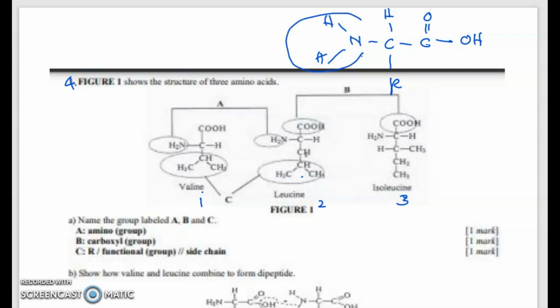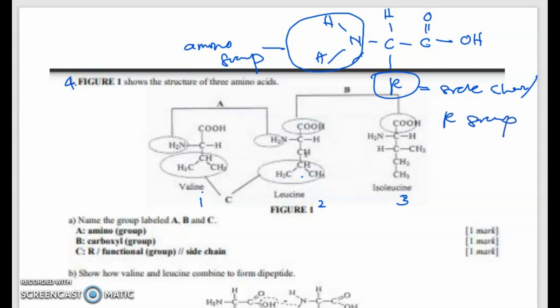So NH2 is referred to as the amino group. And then this R is referred to as side chain or called R group. And then this C double bond OOH is referred to as carboxyl group. So look at this. Can you identify A, B, and C?